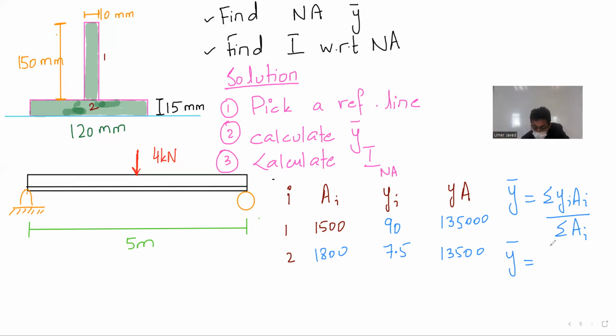So Y bar comes out to be 45 millimeters. So this is your blue line. So 45, this is 15. From here I will have to go 30, 30 millimeters.